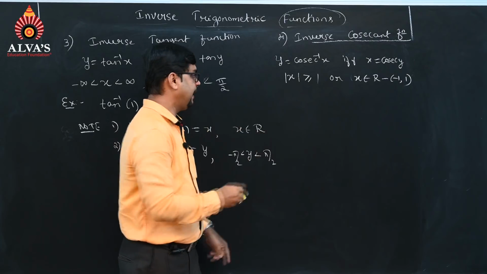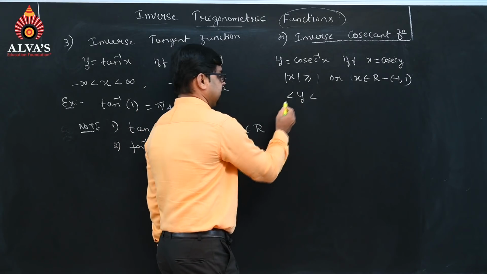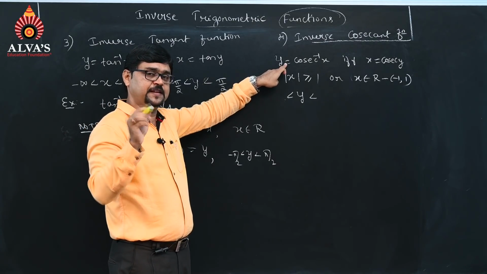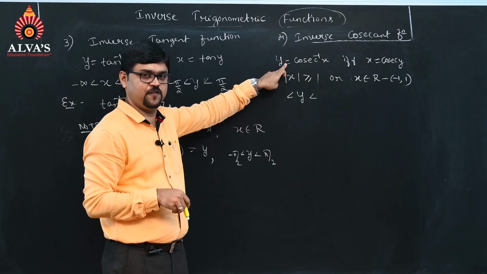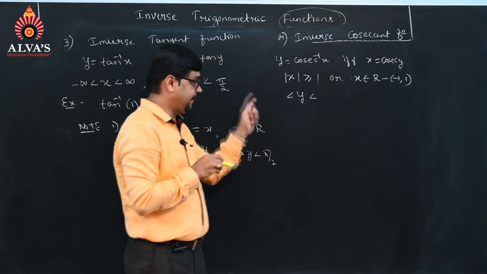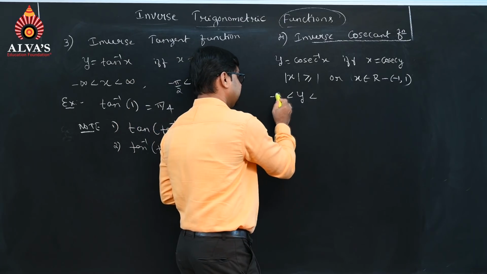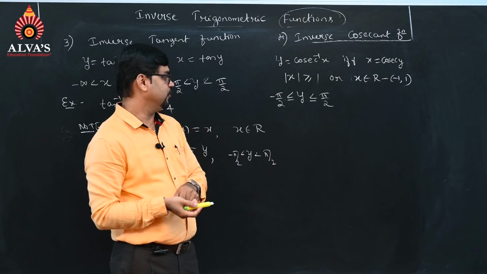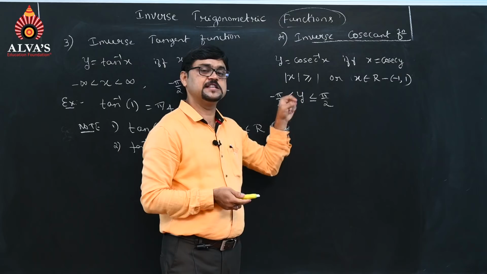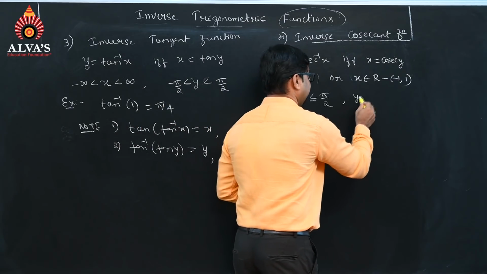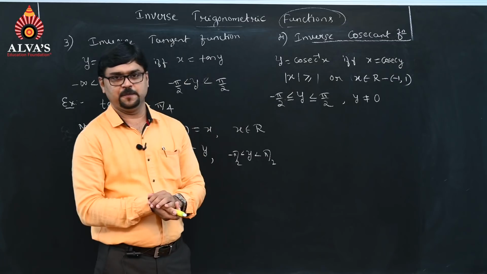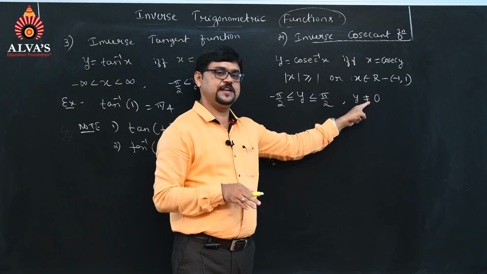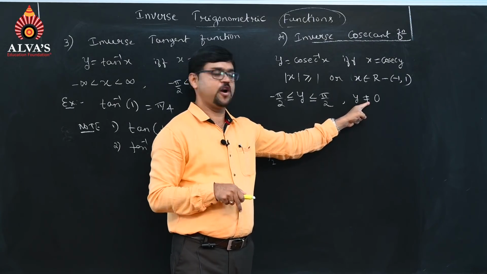That is the domain, and the range of y is exactly similar to sine, because in trigonometry cosecant is the reciprocal of the sine function, so refer to the range of the sine function. In that it is minus pi by 2 to plus pi by 2. Here one angle does not satisfy: y should not be equal to 0, because the value of sine 0 is 0, but cosecant 0 becomes 1 by 0, which is not defined.